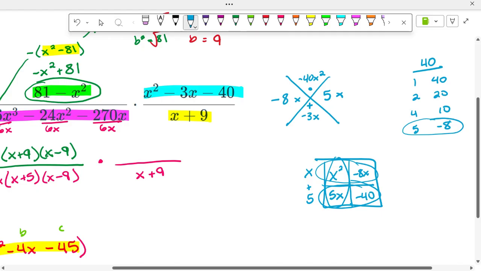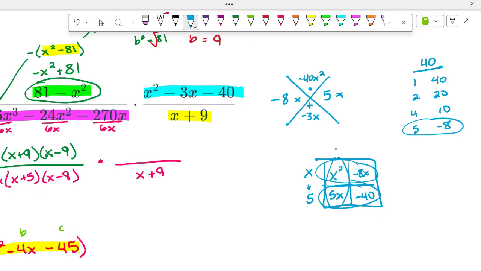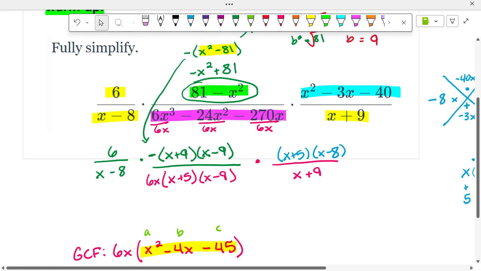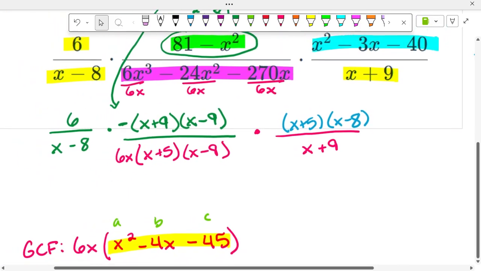GCF of the first column, x. GCF of the second column, negative 8. So my two factors are x plus 5, x minus 8. So I have factored everything I possibly can.